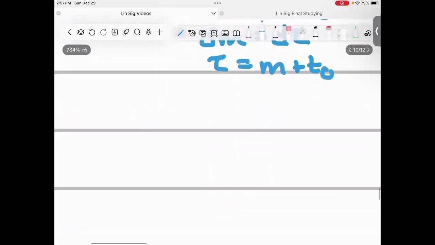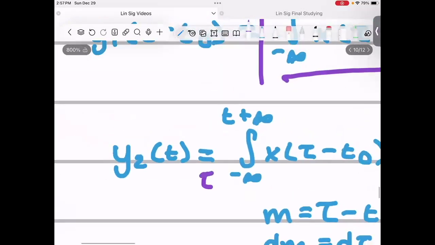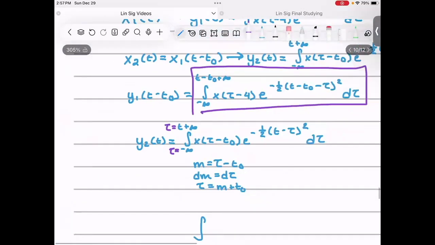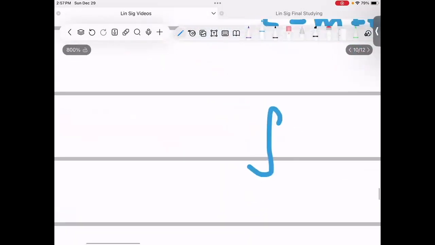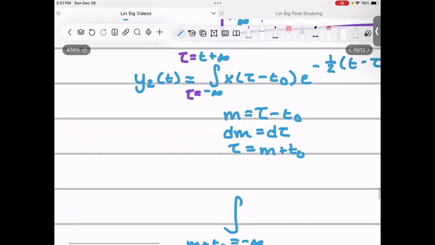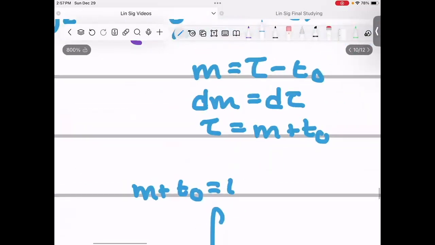Okay, we're going to rewrite this. The way this integral is set up is actually from tau equals negative infinity to tau equals t plus infinity. So we're going to set m plus t naught equals negative infinity, and then m plus t naught equals t plus infinity. Cool.